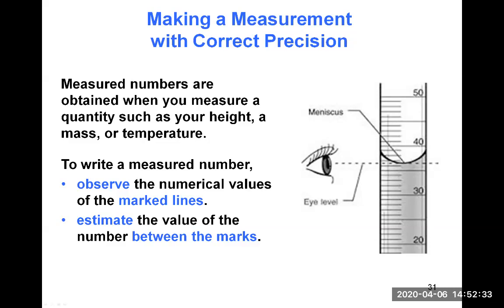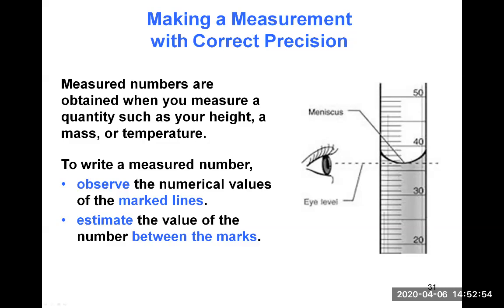The meniscus is the curve that you see at the surface of the liquid, and typically it curves downward. So you want to measure at the bottom of the meniscus, where the dashed line is shown here.